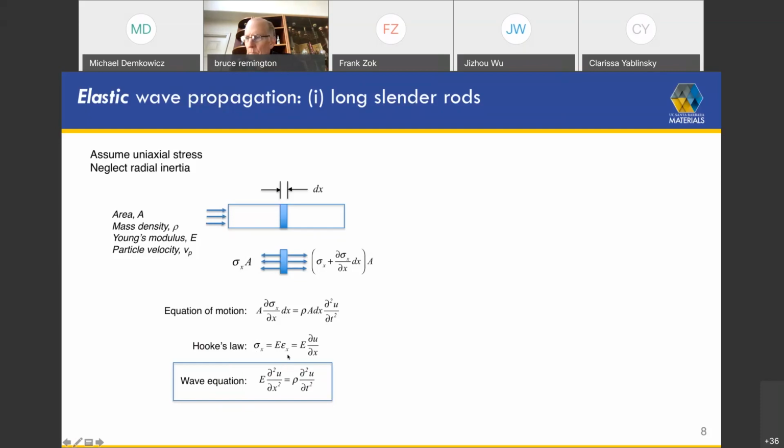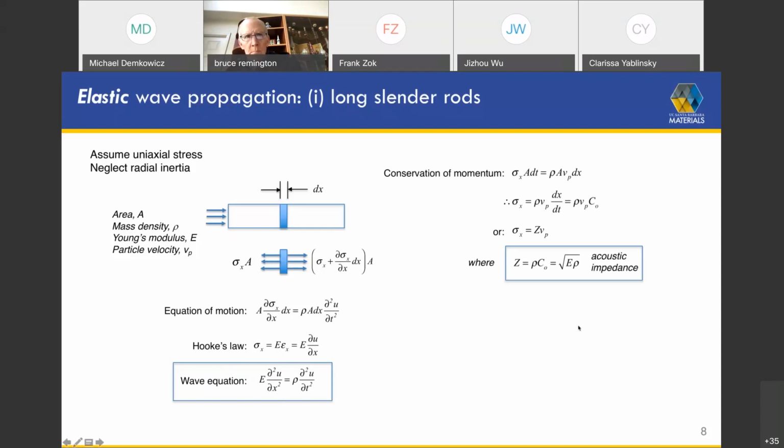And in turn, we can write the strain in terms of a displacement gradient. If we substitute that back into our equation of motion, we get this all-important so-called wave equation, which simply says the modulus times u double prime, second derivative with respect to x, is equal to rho times u double dot. This is the second derivative of displacement with respect to time. And this is really the basis for much analysis of elastic wave propagation in solids.